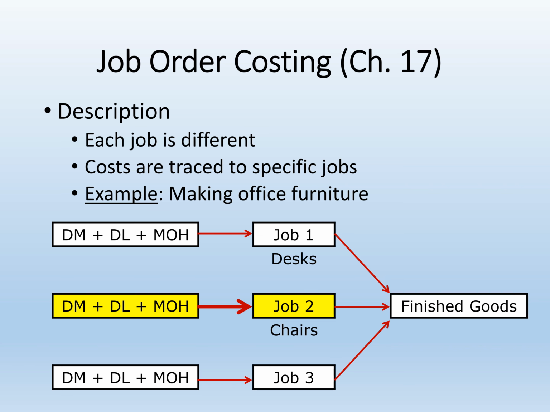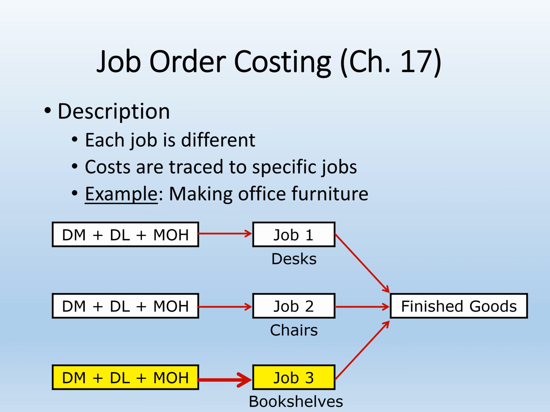Meanwhile, the firm may also be working on job 2, which happens to be a particular kind of office chair. So the materials and labor and overhead needed to make those chairs flows into job 2. And when it's done, the job leaves the production floor and the units are moved to the finished goods warehouse.